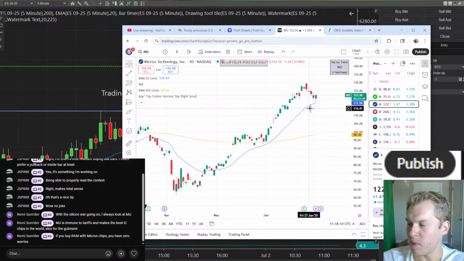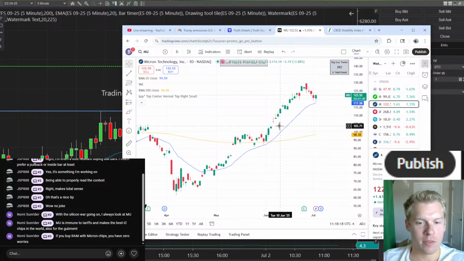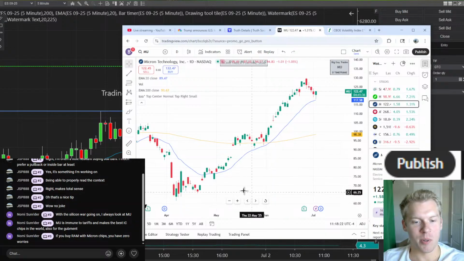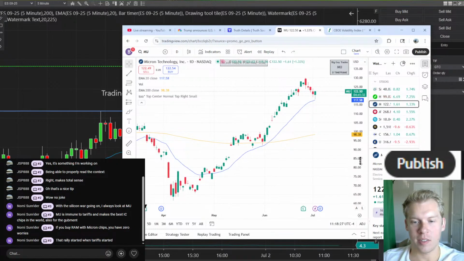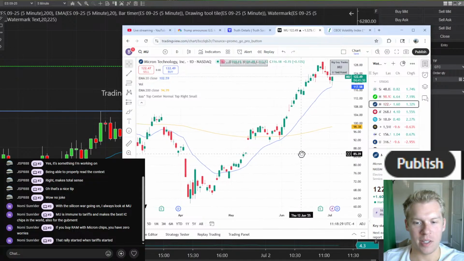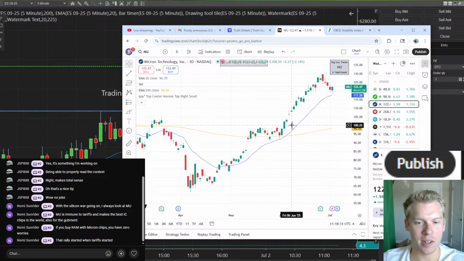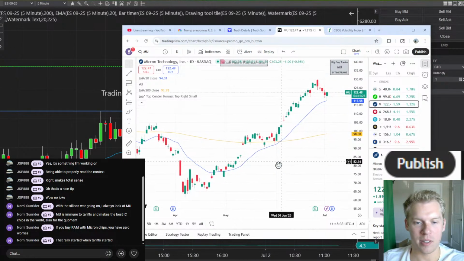If you buy RAM with Micron chips, you have zero worries. Okay. Yeah, I'll let you inform me, because the engineering side of the chips and computers is not my specialty.